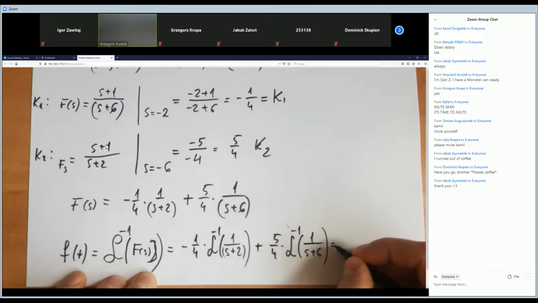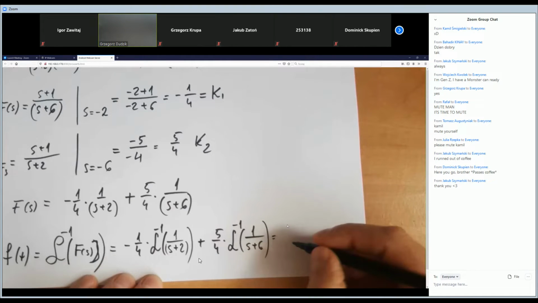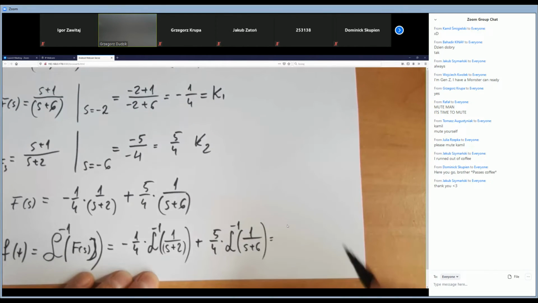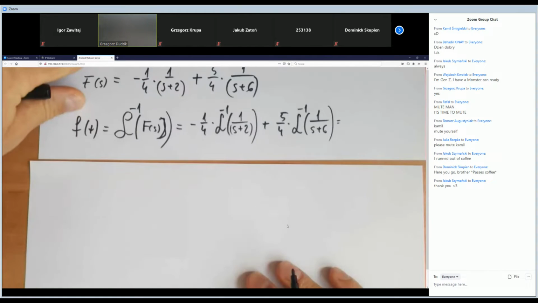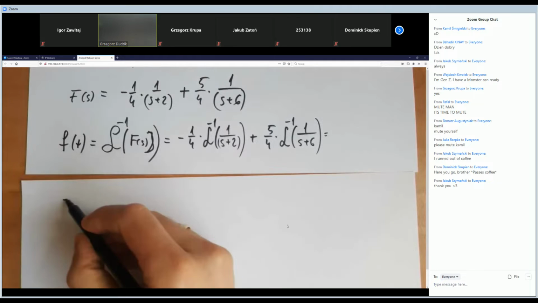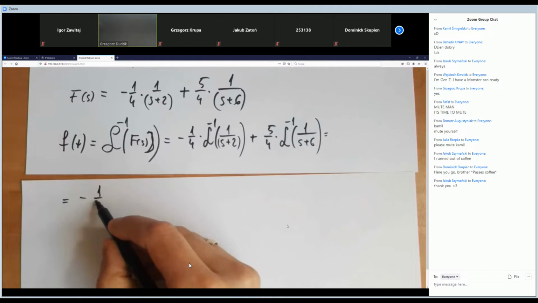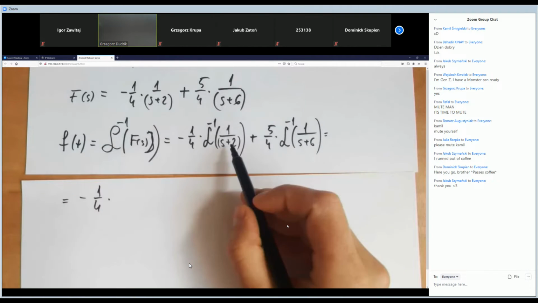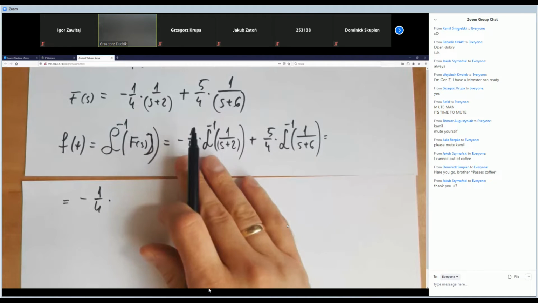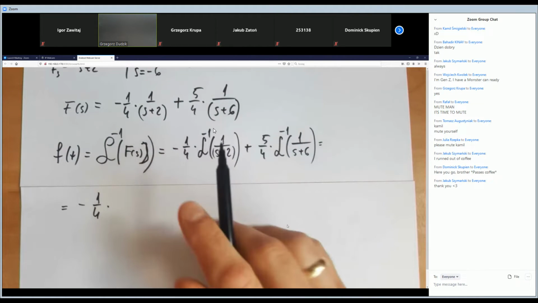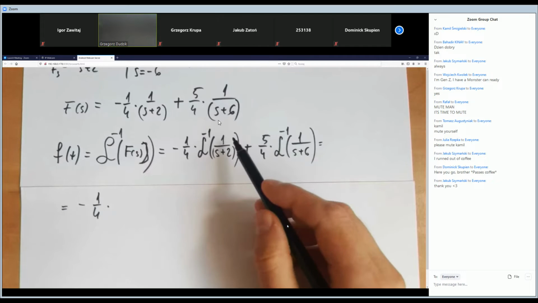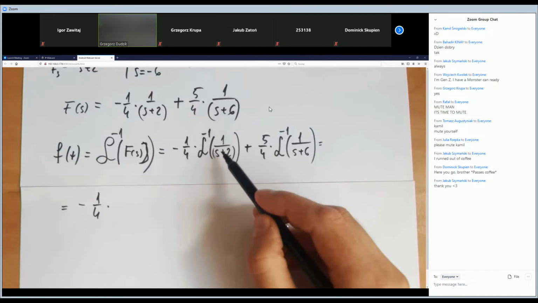So this is equal to minus 1/4 times the inverse Laplace transform of 1/(s plus 2).